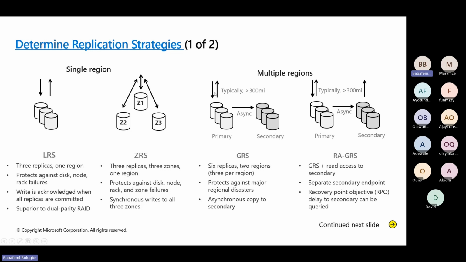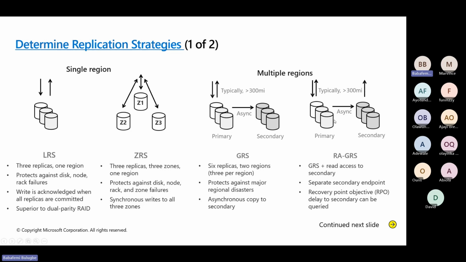If at some point there is an issue with this primary region, then this secondary region will turn to active, while this one will go back to passive. So you notice something here: the asynchronous copy to the secondary protects against major regional disaster.